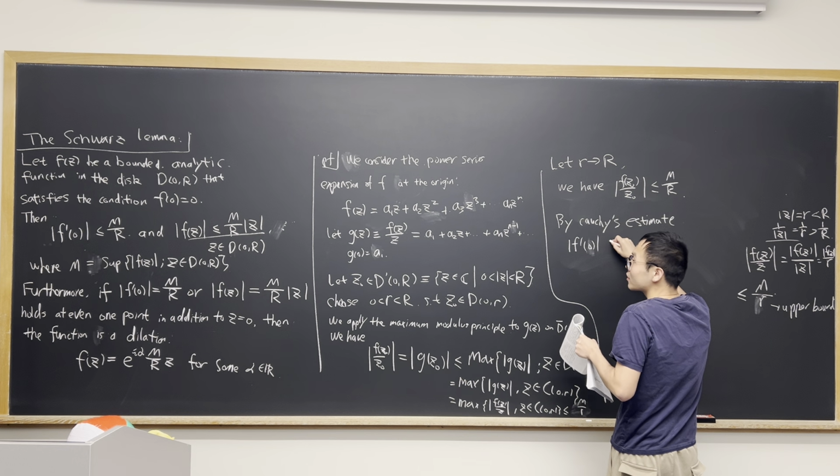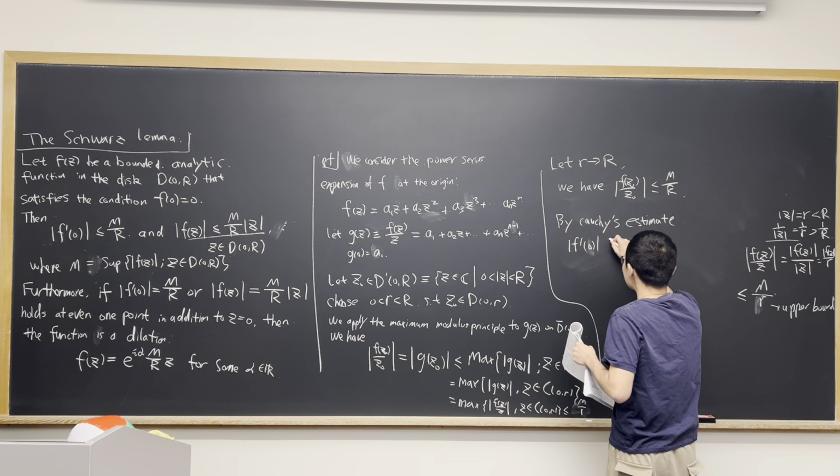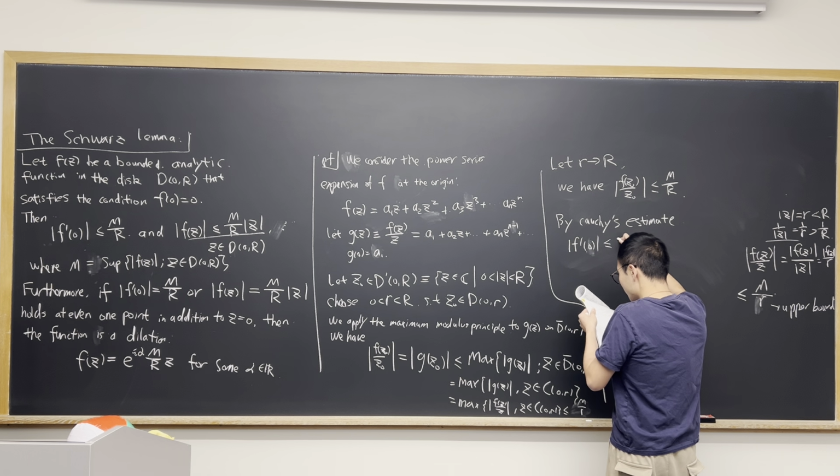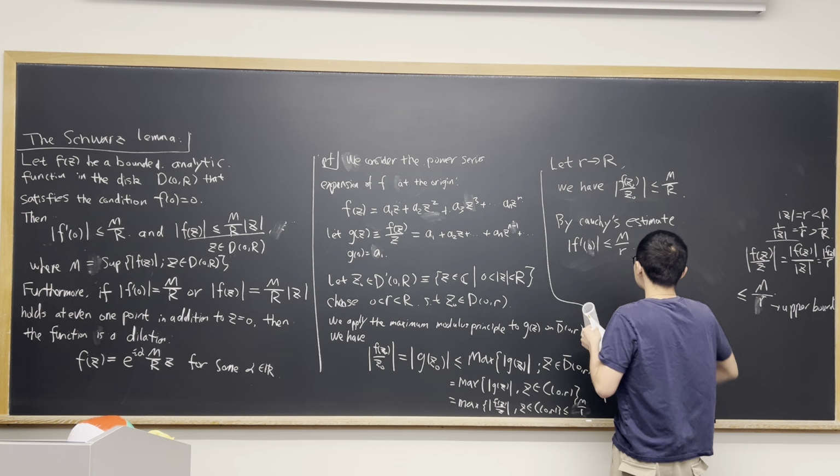So what we do is that we pick this small r, so |f'(0)| is less than or equal to this M over this small r.